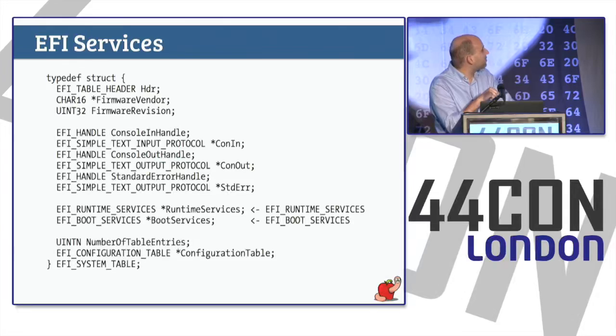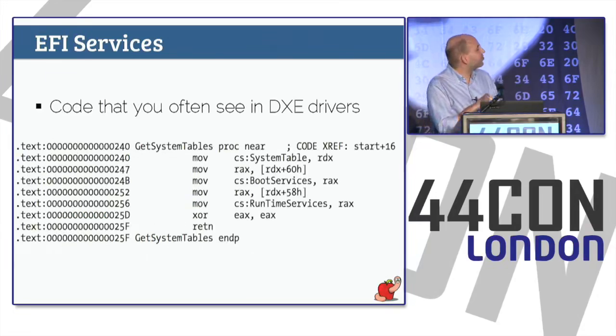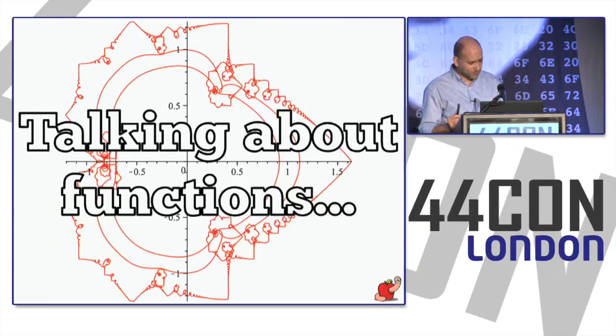You have the runtime services and the boot services tables, so you know where to locate this. This is why you see this code very often, or a small variation of this code, on EFI binaries. What it's doing is storing local copies of the pointers, the boot services and the runtime services, and then it can reference everything from these pointers that it stores. So it's very common, this code.